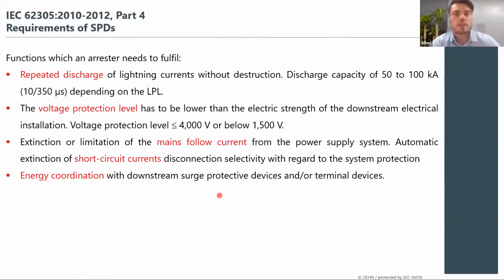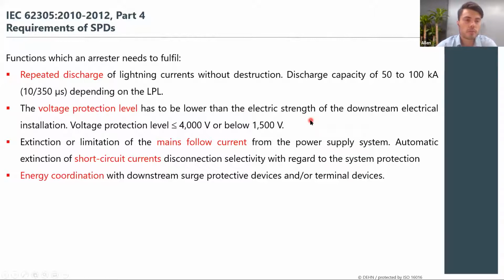So the requirements of an SPD. As per standard IEC 62305, an arrestor needs to fulfill certain requirements. A surge protection device should be able to repeatedly discharge lightning currents without any destruction. The SPD also should have a voltage protection level lower than the electric strength of your downstream electrical devices.